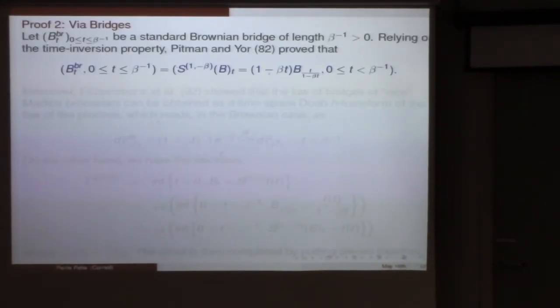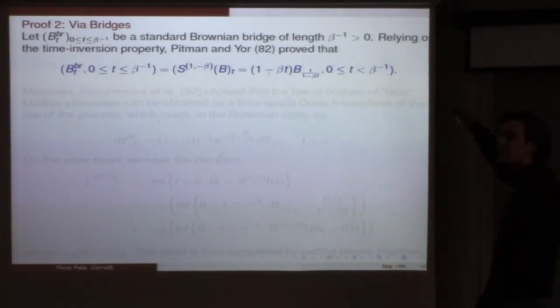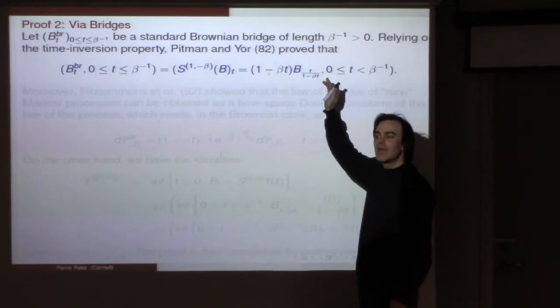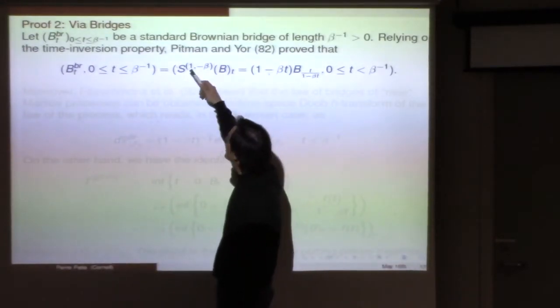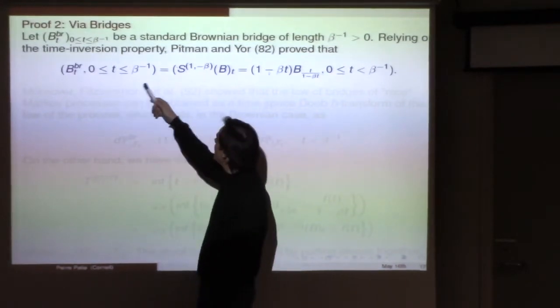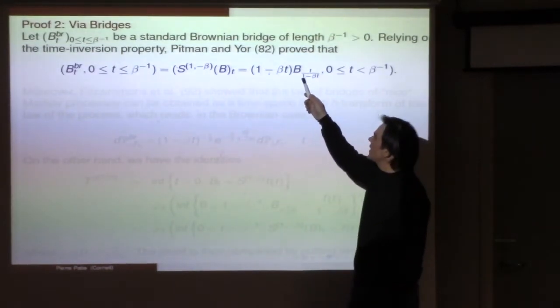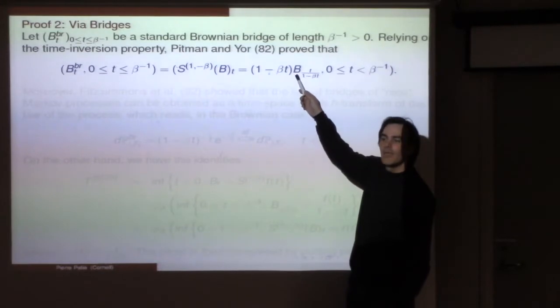Then I'm going also very fast here, just to say why the time inversion property is playing a key role. If you consider the bridge, the standard Brownian bridge, then its realization can be expressed as a time change of a Brownian motion.